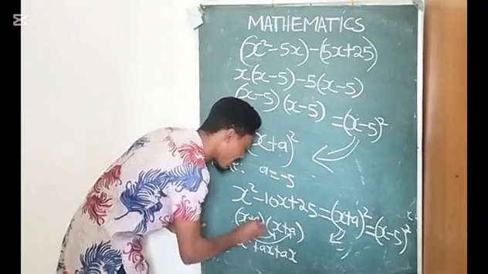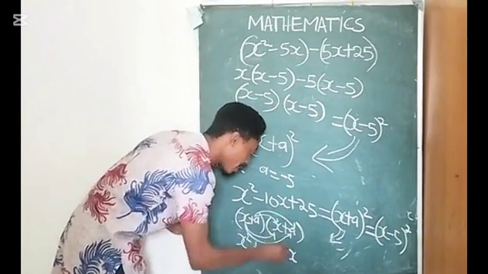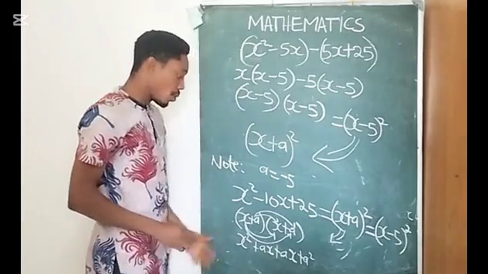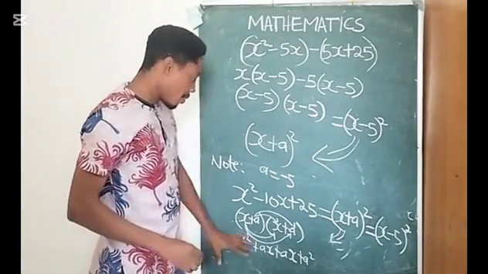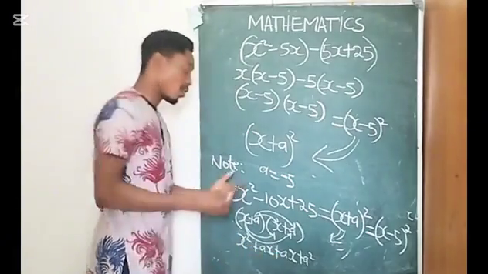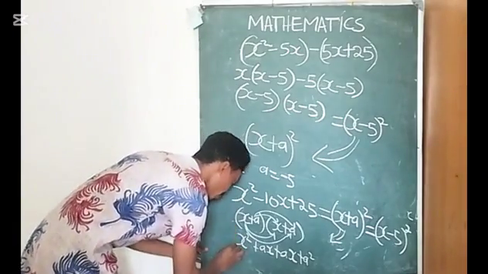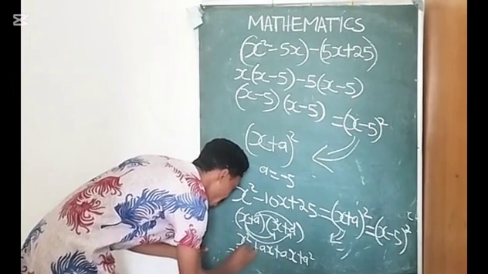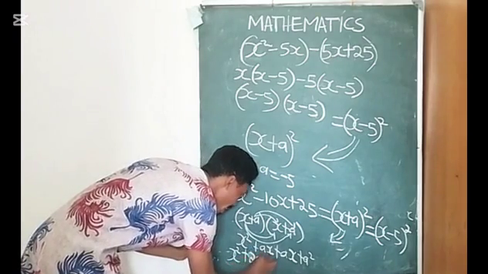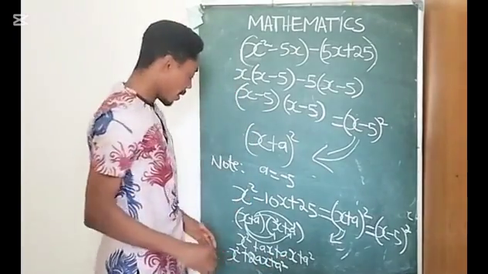I'm done with that, and the next is a times a is a squared. All right. So you can see that if I expand that, ax plus ax is 2ax. What I'm going to have finally is x squared plus 2ax plus a squared. All right.